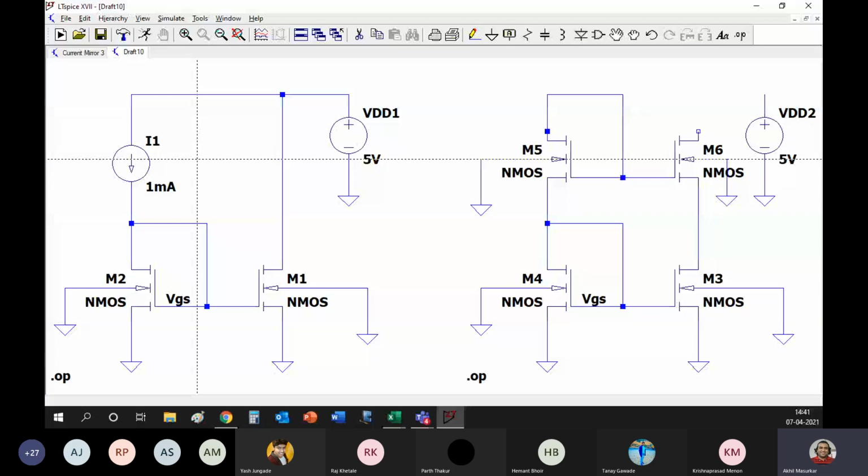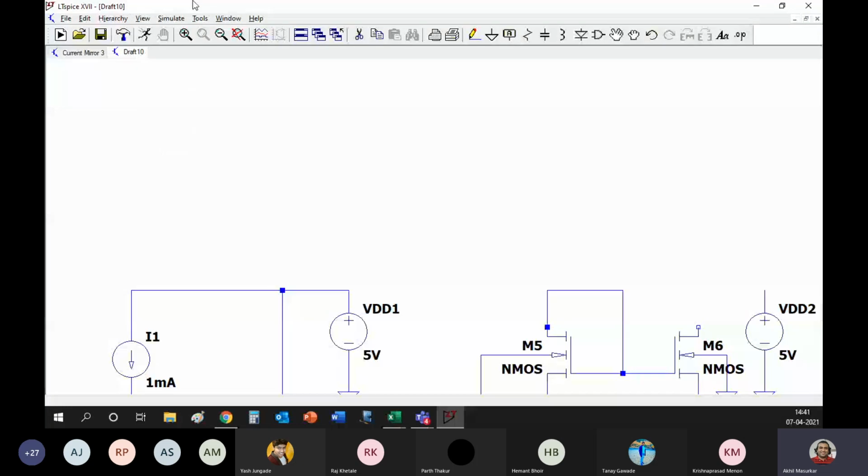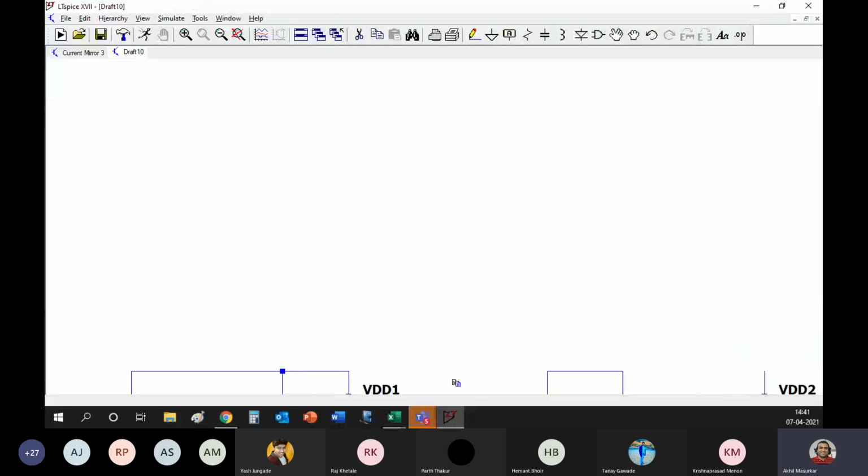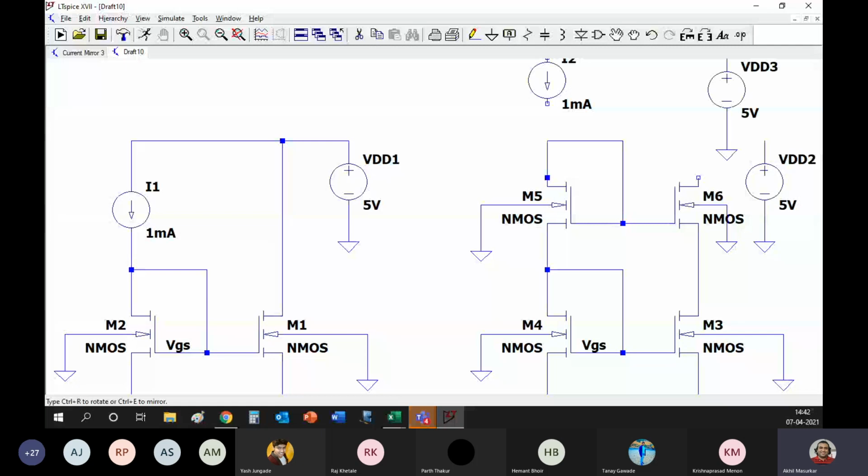So we will just copy this current source here and move this slightly at the top. So just start doing this with me.